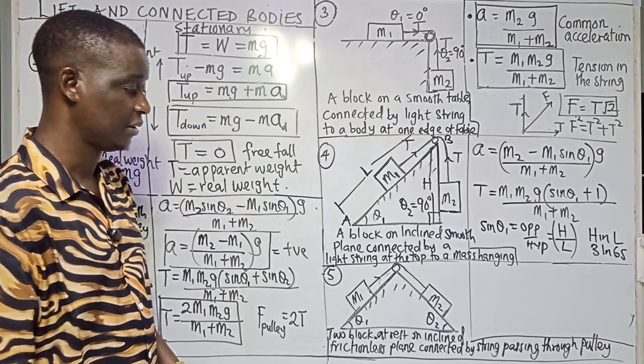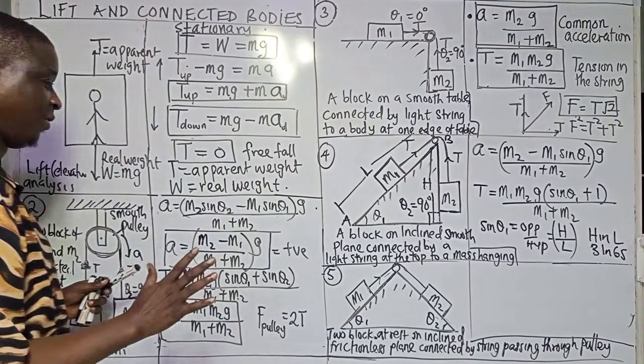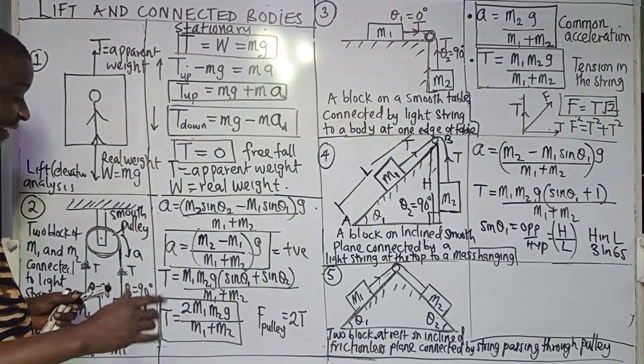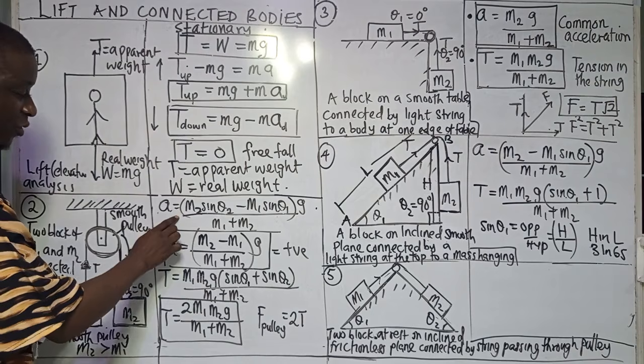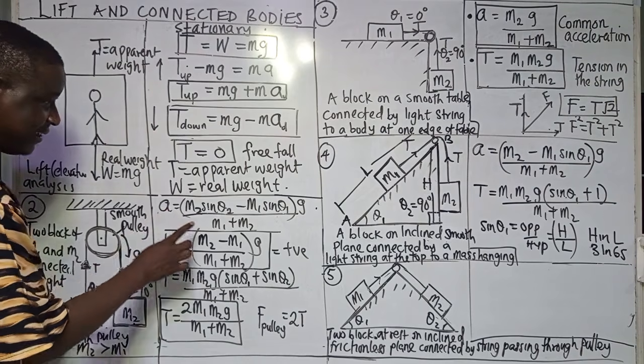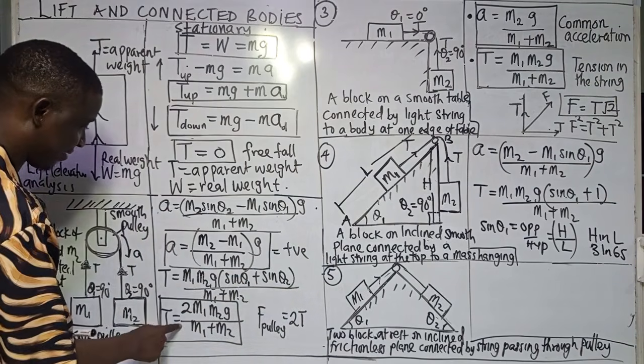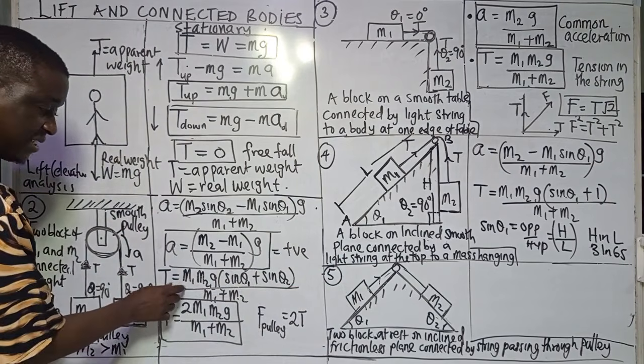So number 5, the last one. Number 5 just represents A, the way it is, and T, this formula.